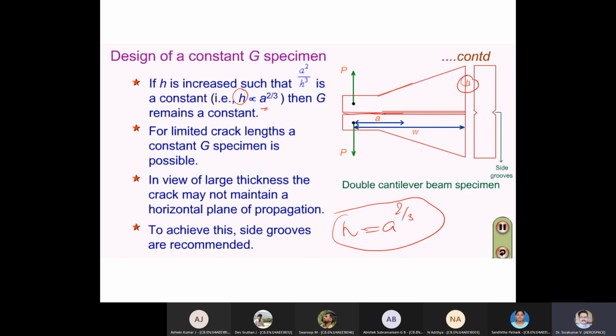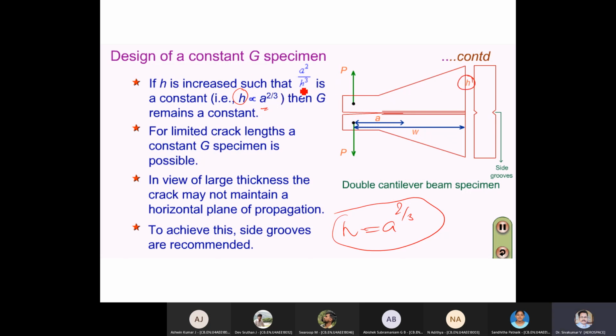So you have to make the specimen H and A ratio such that as A grows like this, H is increased in a certain fashion.